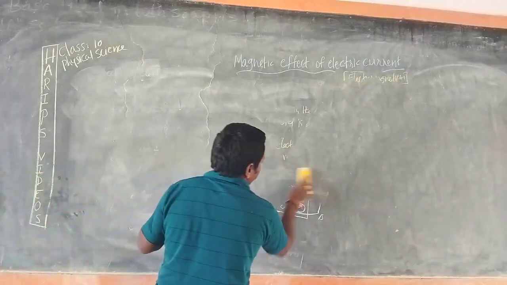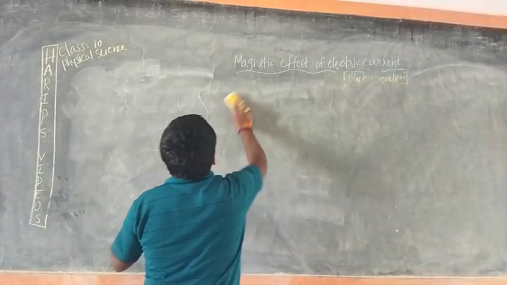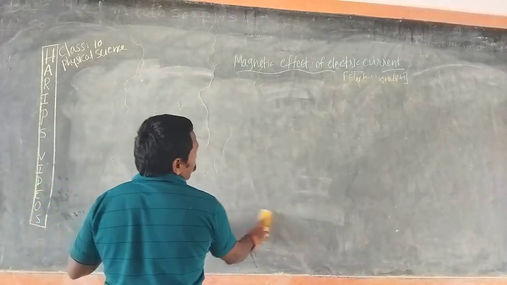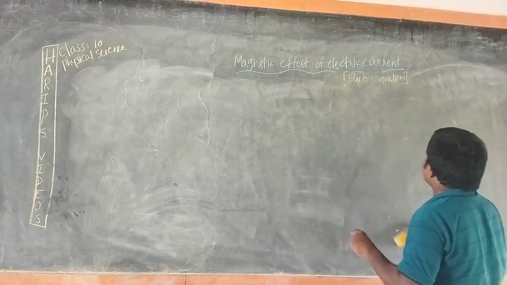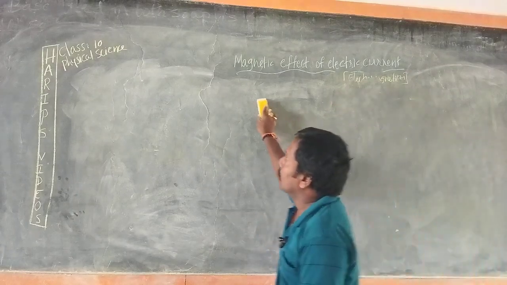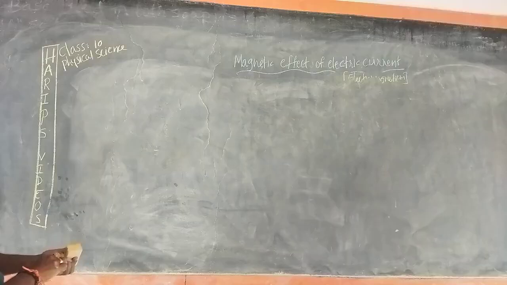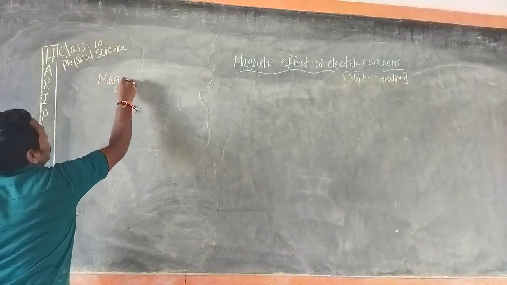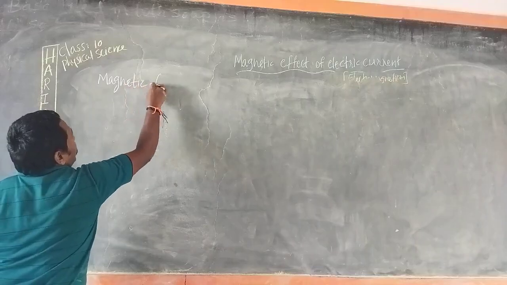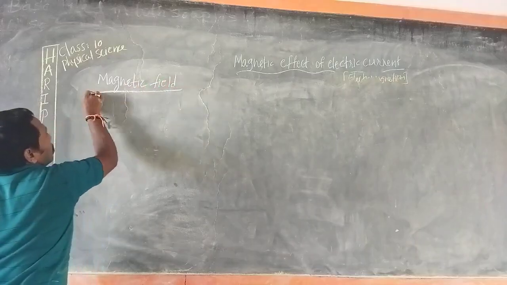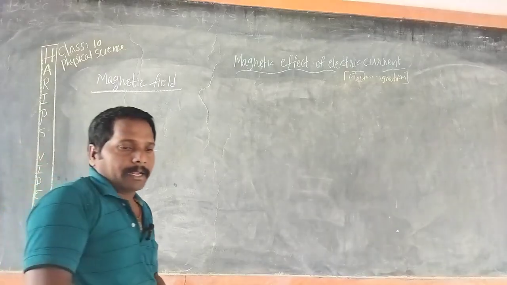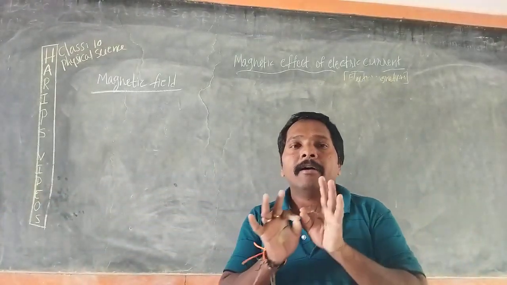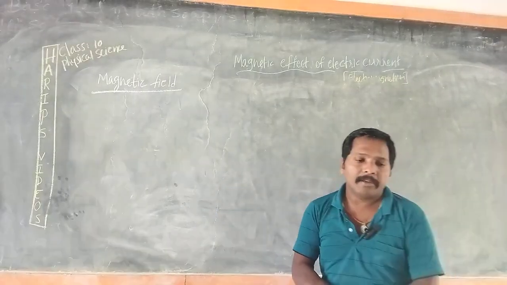Even in class 8, first chapter, force and pressure, in the old textbook, not in the new textbook, you understood what a field is. So next topic, magnetic field. Before that, let's understand what is meant by a field.